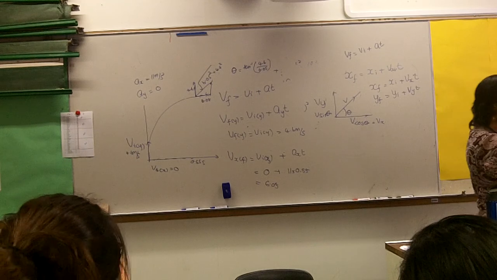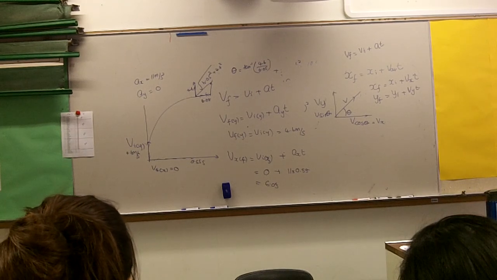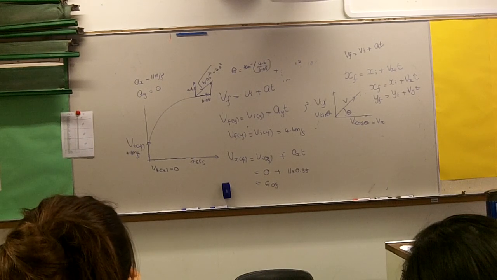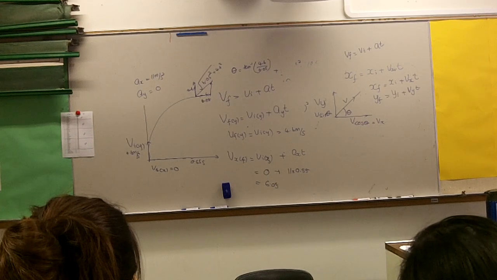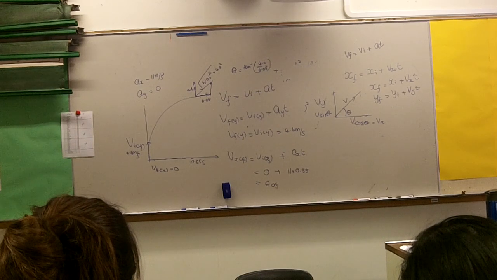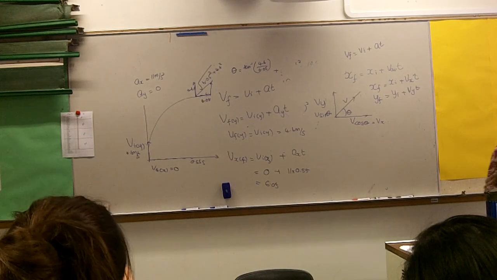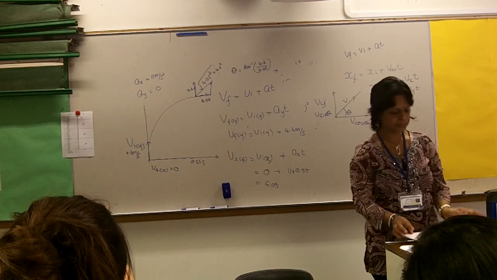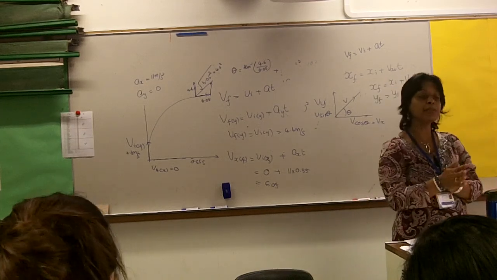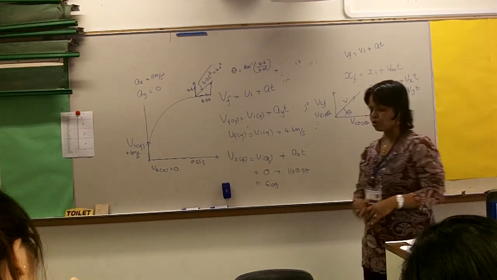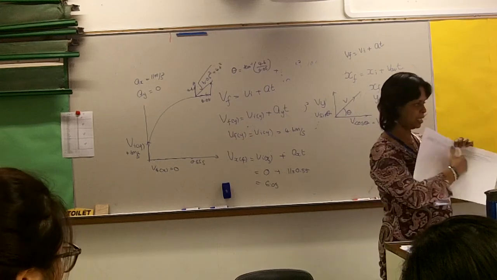So we are now putting together the vectors and the motions. We learned in chapter 3 on vectors how to break your velocities into two directions. Now we are using them to calculate. Is that okay? So can I then move to the main part, projectile motion. I already wrote the notes here.